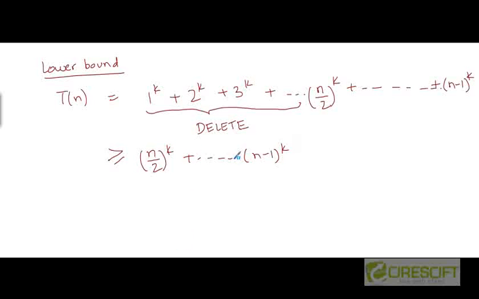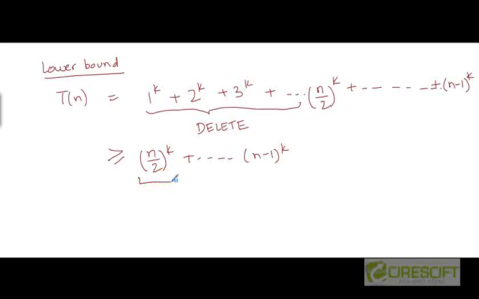So this series is a lower bound on T(n). And if we are able to show that this lower bound itself has a rate of growth of n to the power k plus 1, then we would have shown that T(n) is bounded from below by some constant multiple of n to the power k plus 1. So how do we deal with this truncated right half of this series?